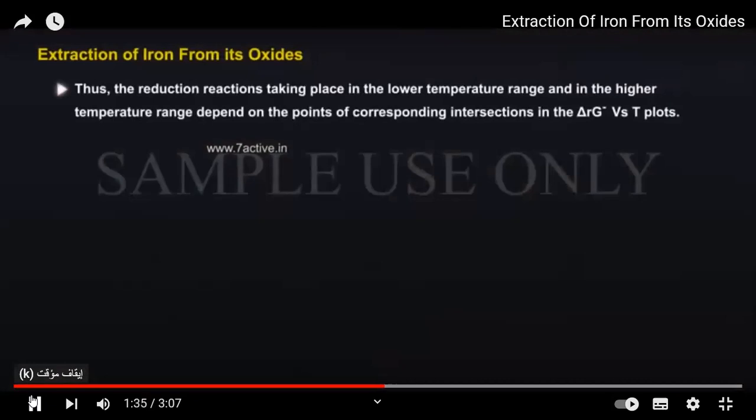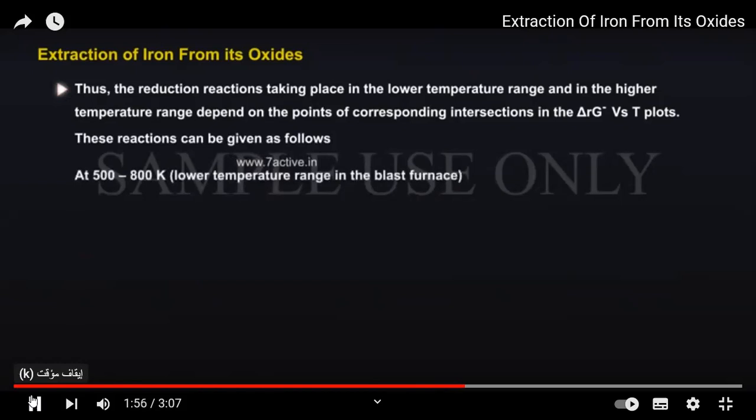Thus, the reduction reactions taking place in the lower temperature range and in the higher temperature range depend on the points of corresponding intersections in the delta G versus T plots. These reactions can be given as follows.